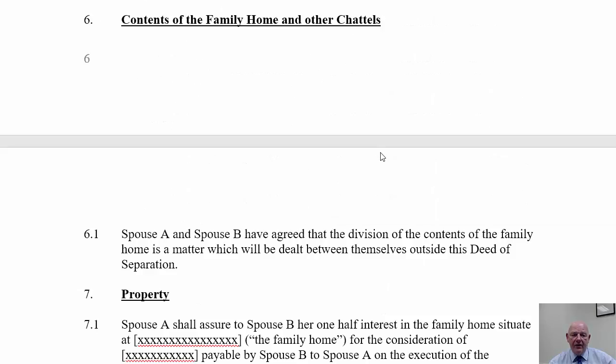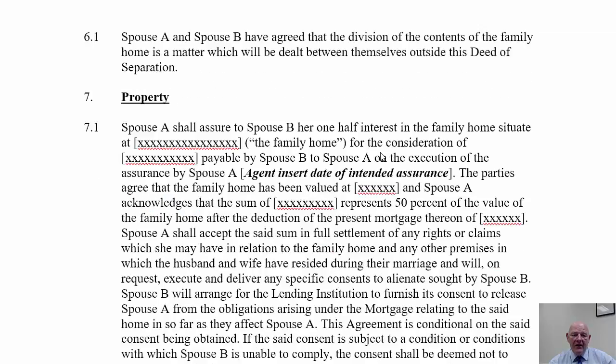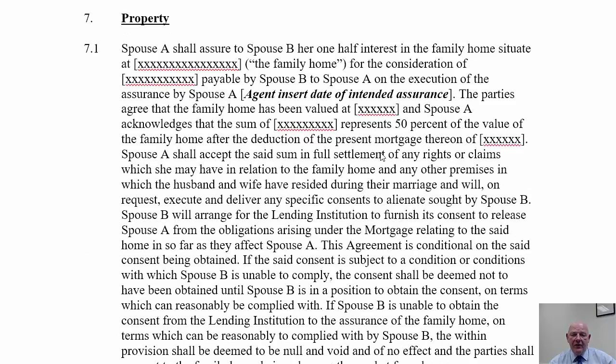You would also have an agreement there or provision in relation to the contents of the family home and any other items that are in the house. A big thing obviously will be property. In other words, the family home especially. What happens is there are a number of options. One party could buy out the interest of the other party and take on the mortgage or take on the loan.